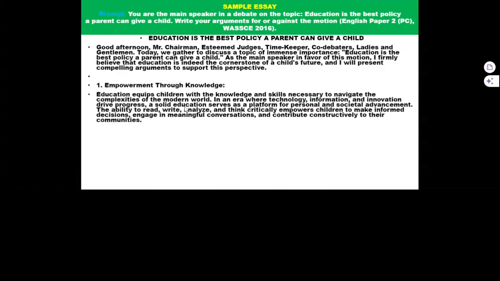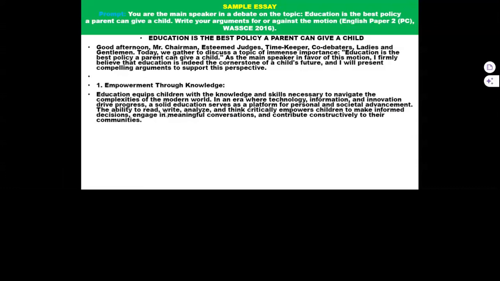Education equips children with the knowledge and skills necessary to navigate the complexities of the modern world. In an era where technology, information, and innovation drive progress, a solid education serves as a platform for personal and societal advancement.